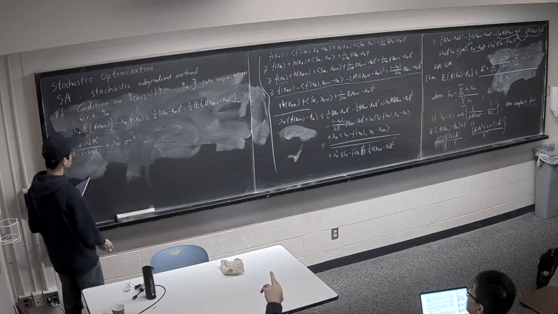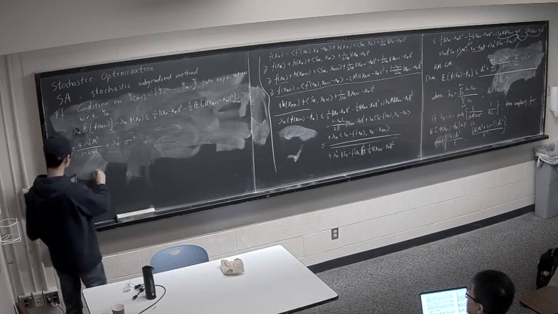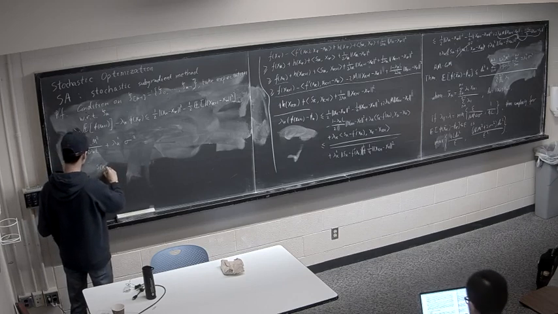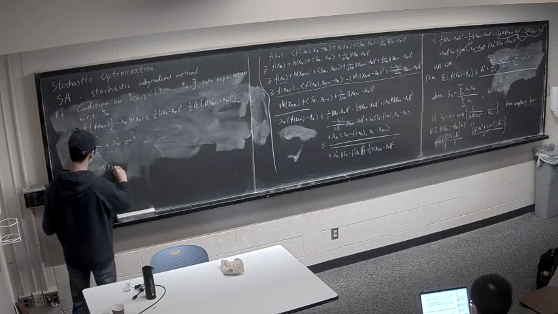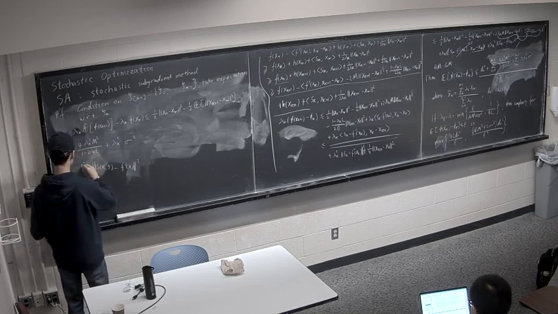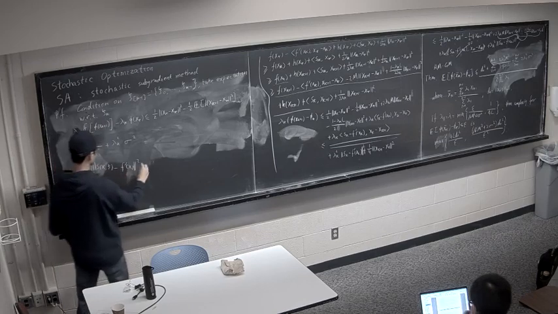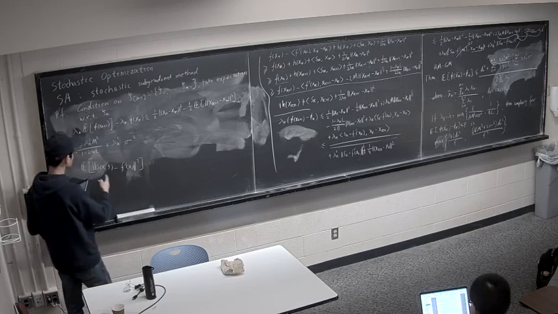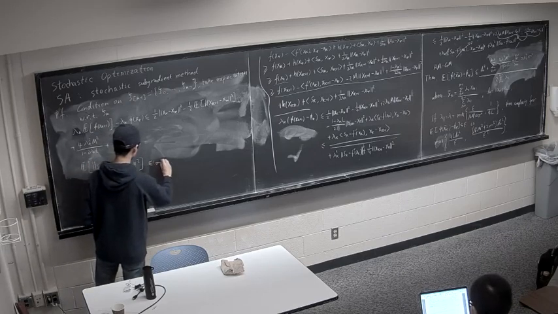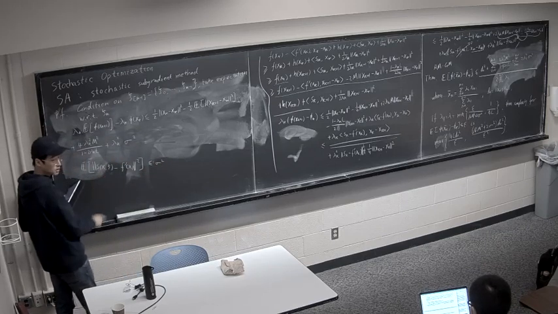Why did we change that? It's because of the assumption. The assumption is that for any x, it has nothing to do with the mean. It's just this assumption. It's upper bounded by sigma square for any x.